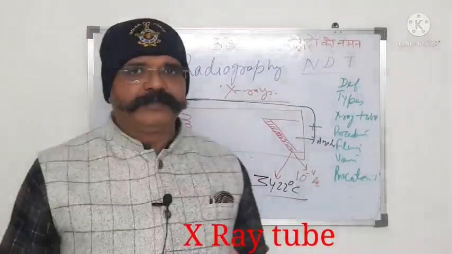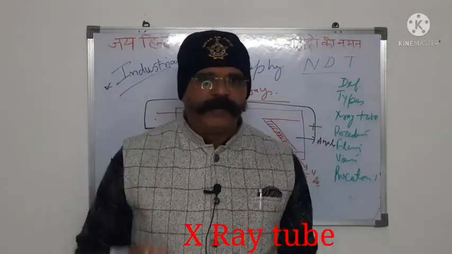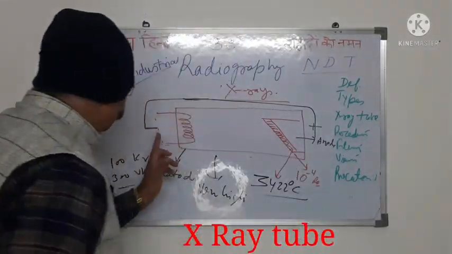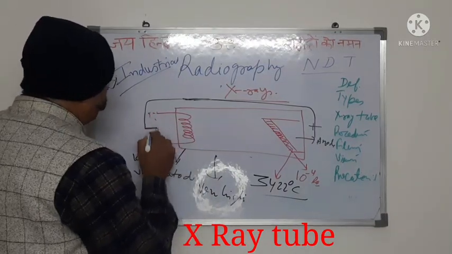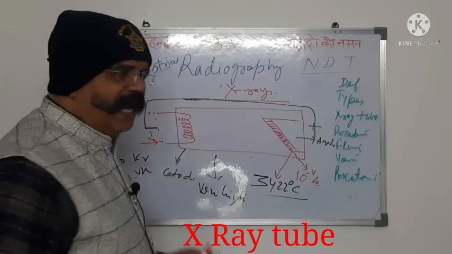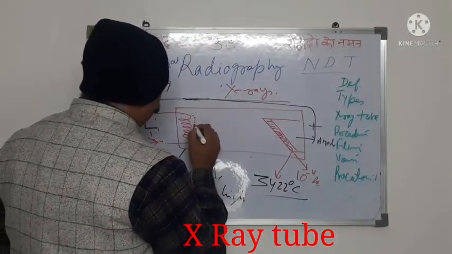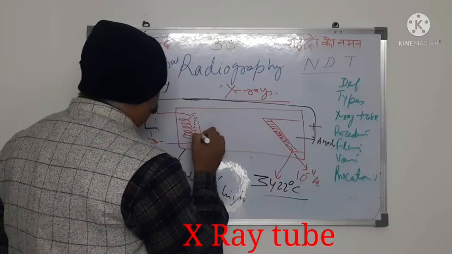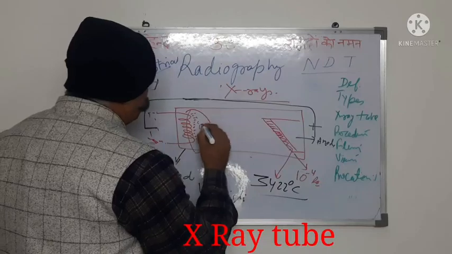You might have read about thermionic emission. When this cathode filament is heated with the help of the electrical supply, what happens? Electrons are released from this filament and they make an electron cloud here.